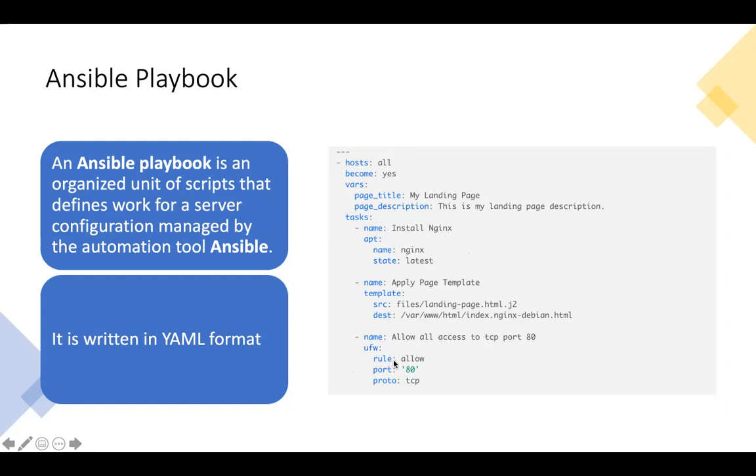Then here they're trying to allow rules as well on the port. They can do a lot of things with it, very similar to what we are doing with Terraform, opening ports and stuff like that. But again, mainly we're just going to go with the configuration part. The tasks are the main body of an Ansible playbook.